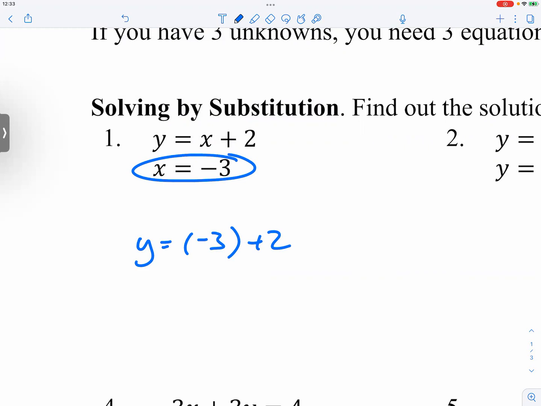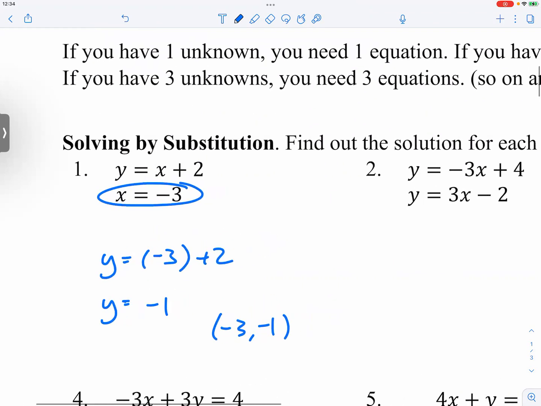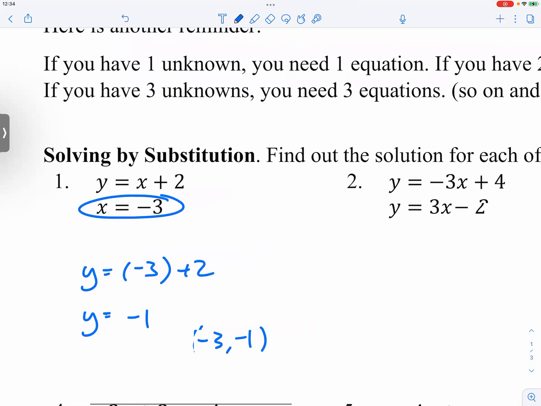But this one showing substitution is a good communication skill. So we say y is equal to -1. And now we have the answer, -3 and -1. That's very easy to substitute. Again, just using parentheses to substitute.